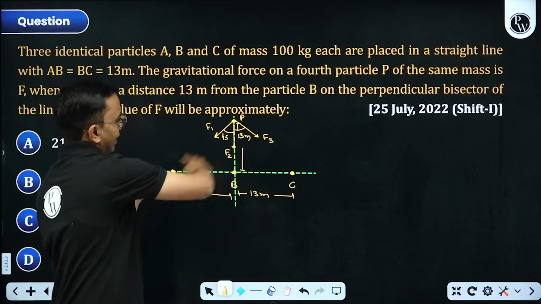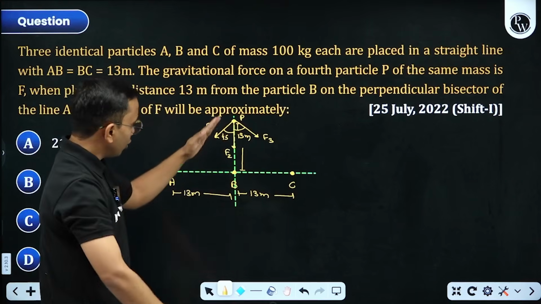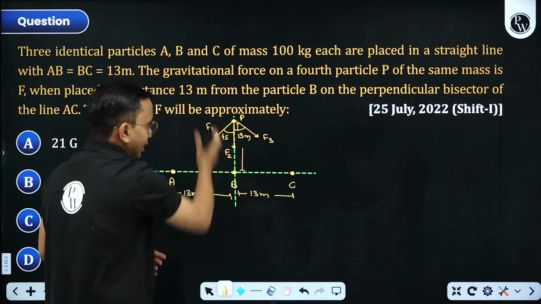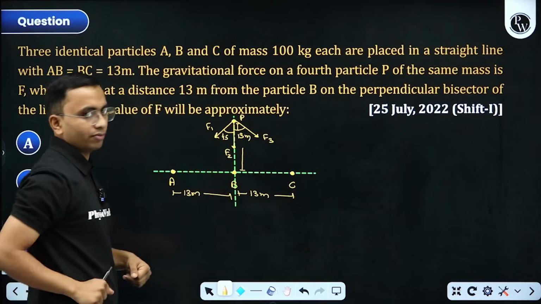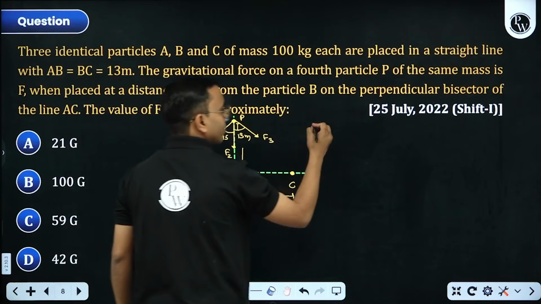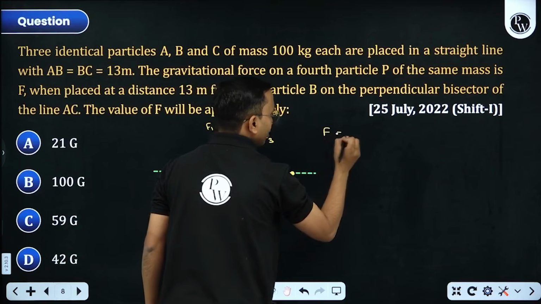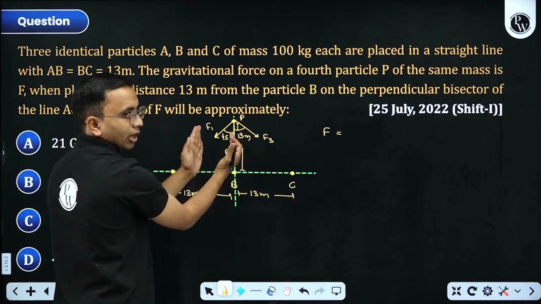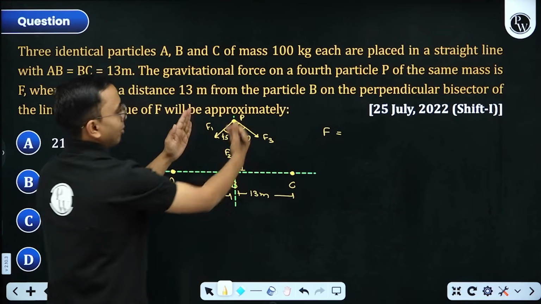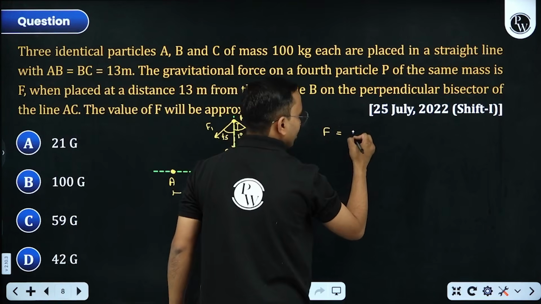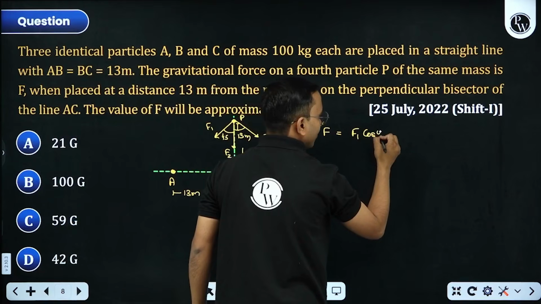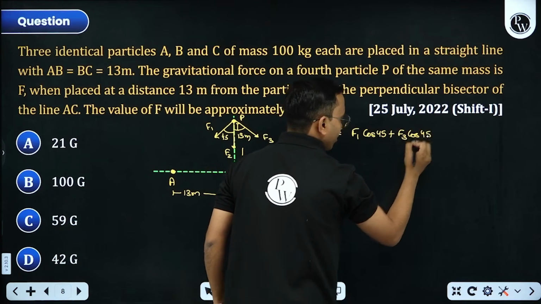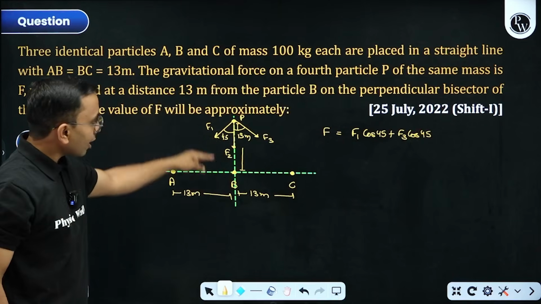Now F1 and F3 are equal in magnitude. How? Because this side is 13 root 2, and this is 13 root 2. So the resultant of the two will be along the vertical and that will add with F2. So the total force F is F1 cos 45 plus F3 cos 45 plus F2.